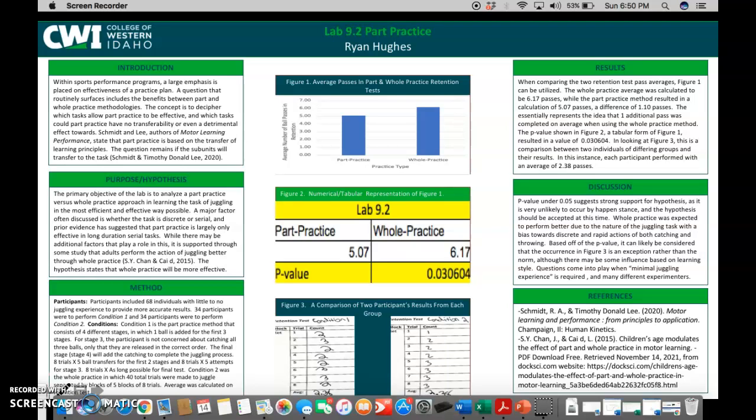So we also have to define which task we're going to be implementing these methods for, because part practice is more conducive to certain tasks than others, and similarly whole practice is considered more conducive to certain tasks than others as well. For the task of juggling, we're generally going to consider this to be a discrete task. This is really due to the fact that there's a lot of quick actions that are made, and each of these actions ultimately plays a role in the subsequent actions.